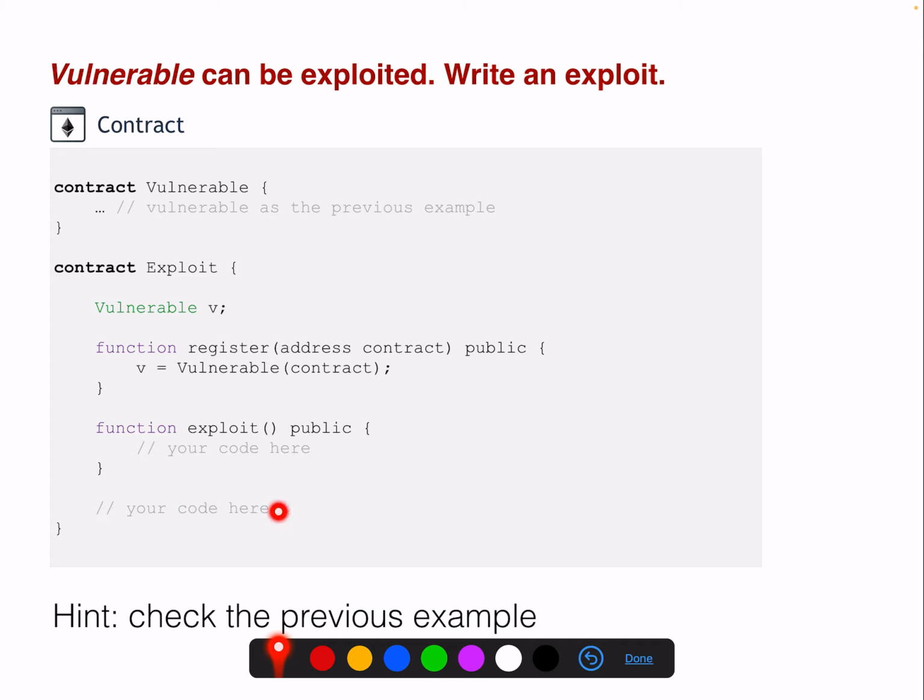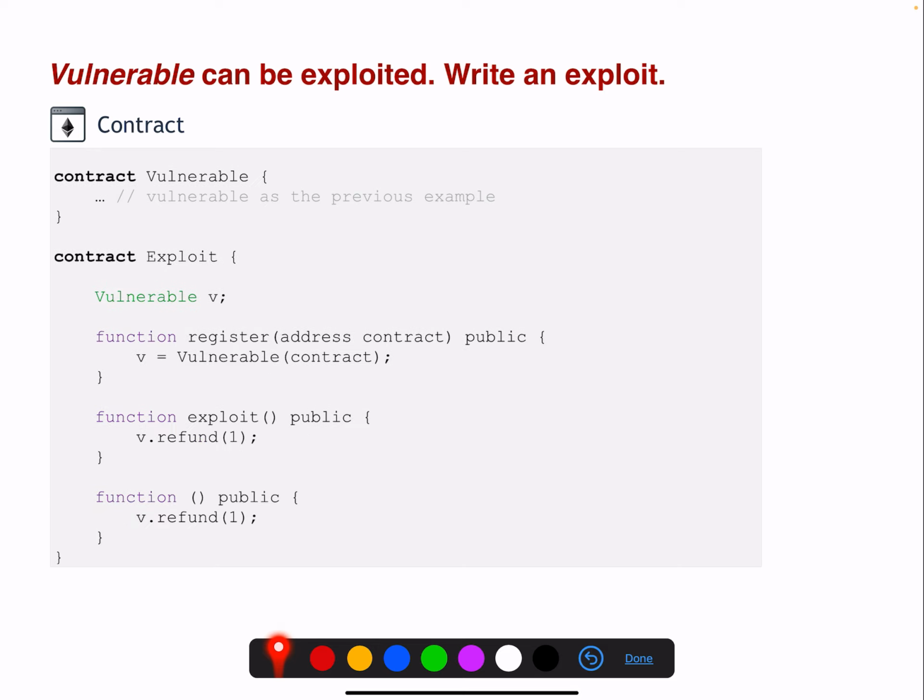And here you have to override the payable function, the fallback function, with your custom callback function, and that just calls v.refund with a particular amount. So this is a fairly simple exploit. It's just four lines of code that you had to adjust to exploit a reentrancy vulnerability. Very good.